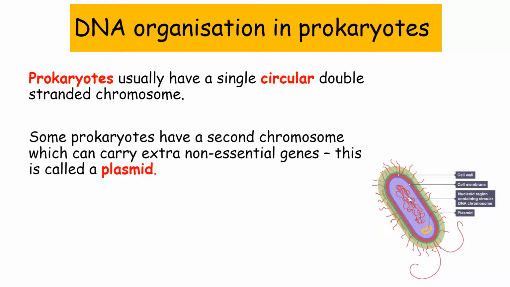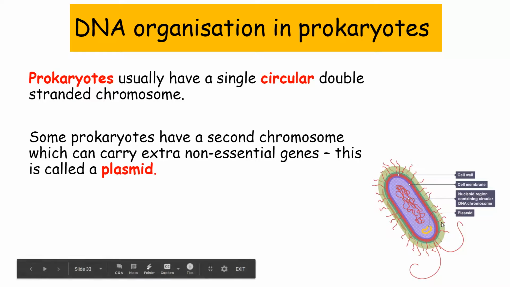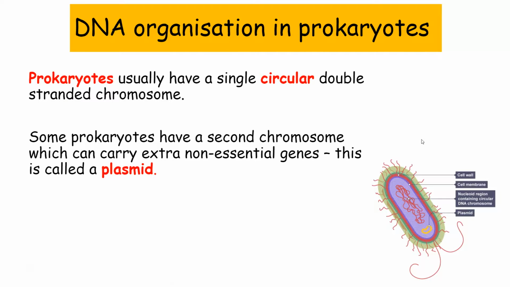So that is the first part of DNA in a prokaryote. However, as it says here, some prokaryotes have a second chromosome which can carry extra non-essential genes, and this is called a plasmid. We've come across plasmids before when we were studying bacteria in Nat 5, and that is the plasmid there, and you can see it's like a ring of DNA. So those are the two ways DNA is structured within prokaryotes.